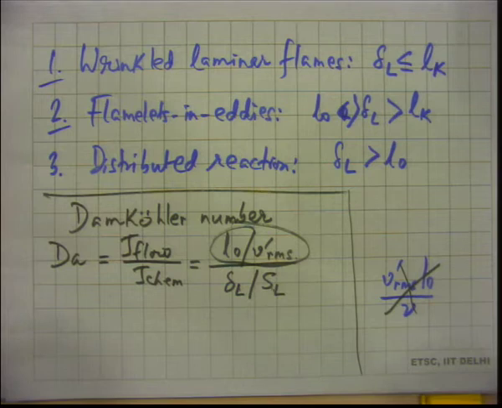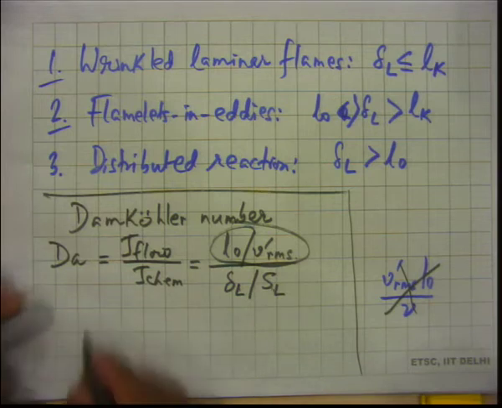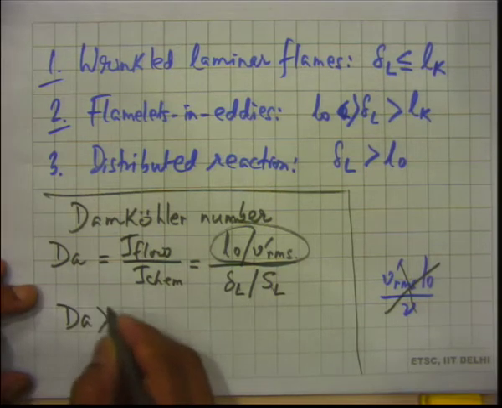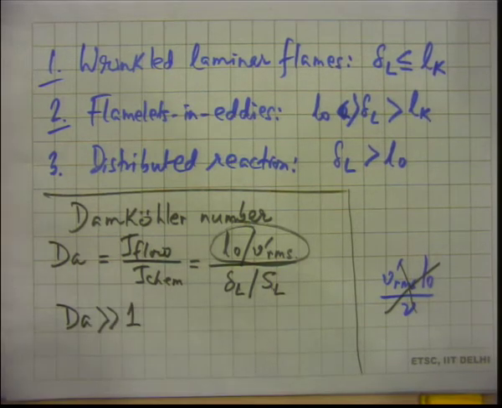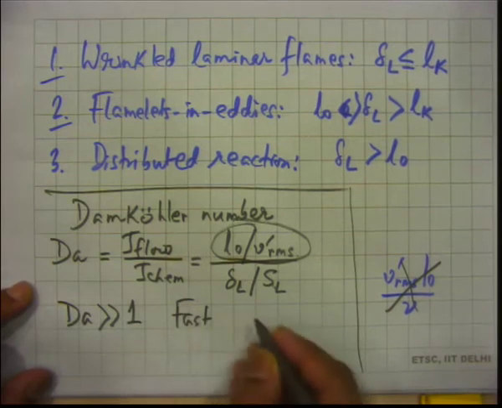Now, what does a high Damkohler number mean? Suppose the Damkohler number is much greater than 1. It means that the chemical reaction time scale is very small compared to the flow time scale, so this is like a fast chemistry regime.